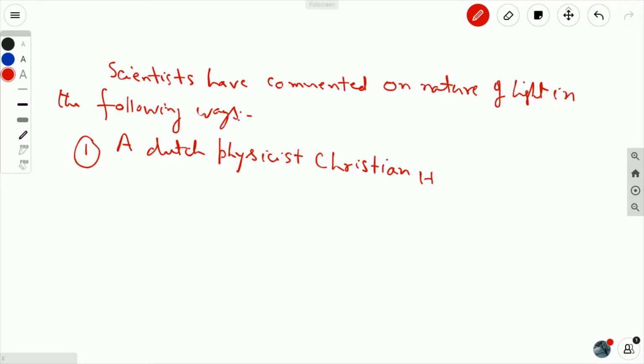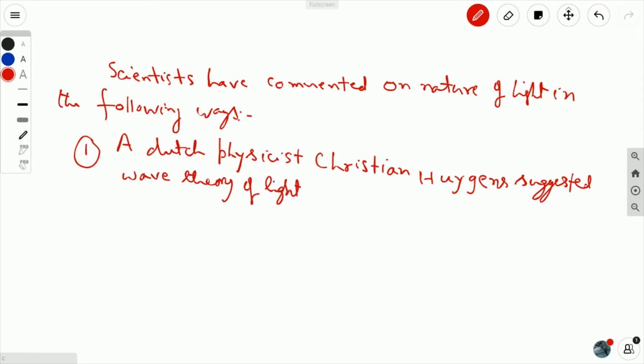He suggested the wave theory of light. He proposed that light has transverse waves.